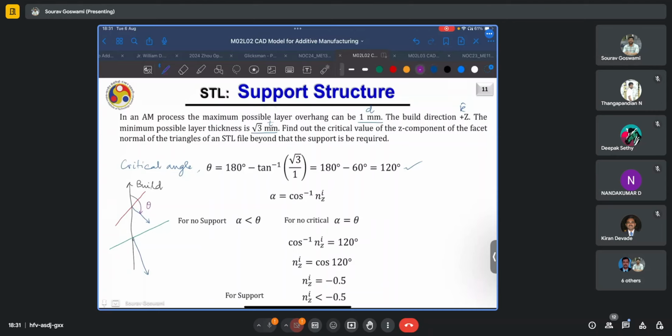Let this be alpha 1, alpha 2, alpha being the angles between the build direction and the facet normals of these triangles. Now, if alpha is less than this critical angle theta, no supports needed. If alpha is greater than this critical angle theta, supports are needed.